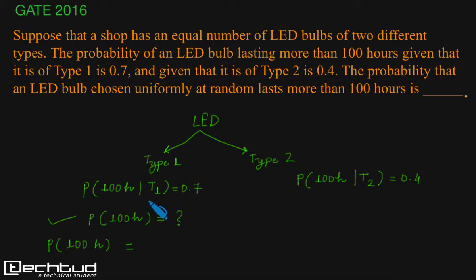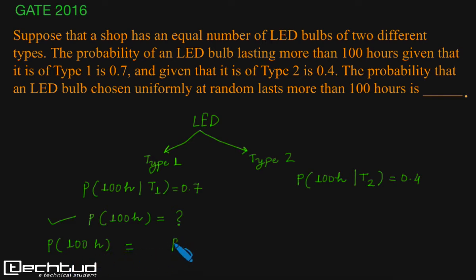There are only two types of LED bulbs. So a randomly chosen bulb from this set of LED bulbs will either be of type 1 or it will be of type 2.